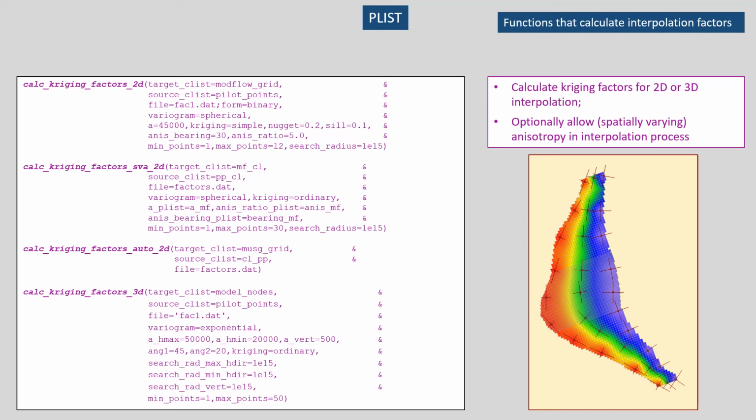Interpolation can be two-dimensional or three-dimensional. The variogram can be calculated automatically by PLPROC, if you like. And once again, this can be anisotropy aware, and anisotropy can change in different parts of the model domain.